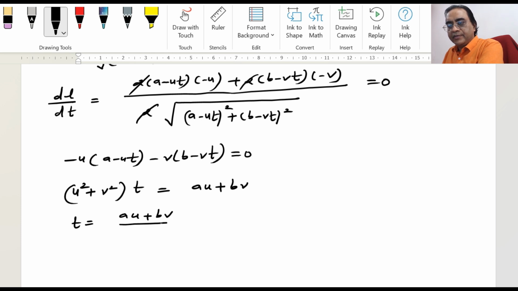So this is the time at which we have either maximum or minimum. We of course want minimum. So let's go for the second derivative test.